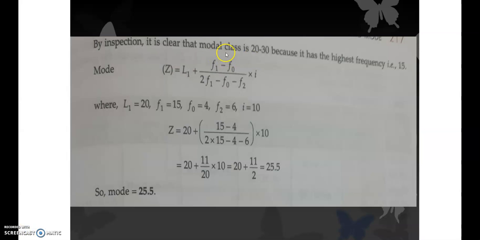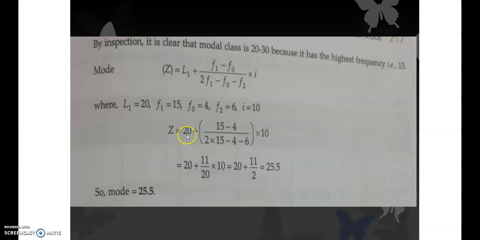So children, which is our modal class? 20 to 30 is the modal class because it has the highest frequency, that is 15. Then you have to apply all the values in the formula. What is our formula? L plus F1 minus F0 divided by 2F1 minus F0 minus F2 into I, or into H. Here L is equal to 20, F1 is equal to 15, F0 is equal to 4, F2 is equal to 6 and I is equal to 10, or H is equal to 10.